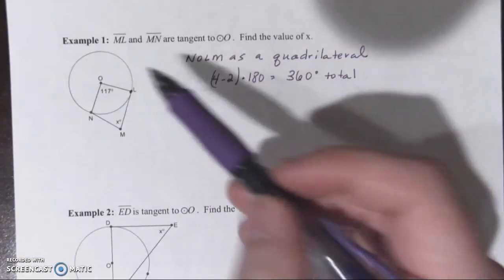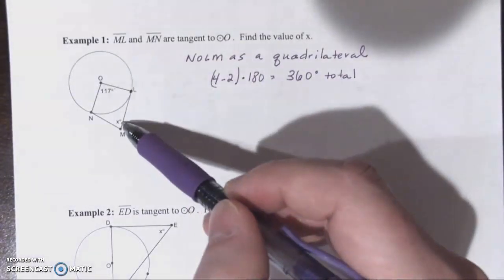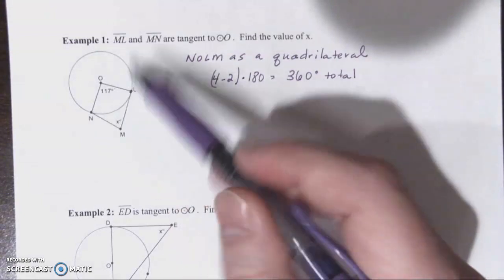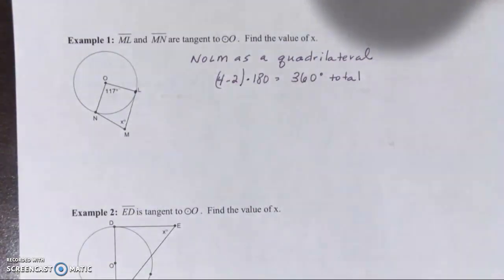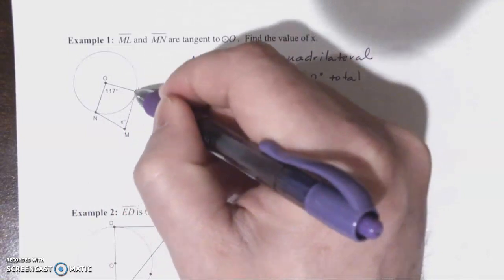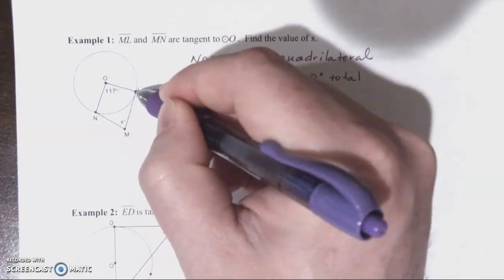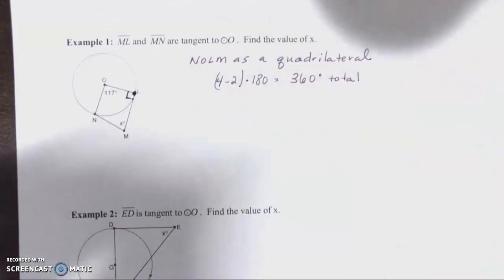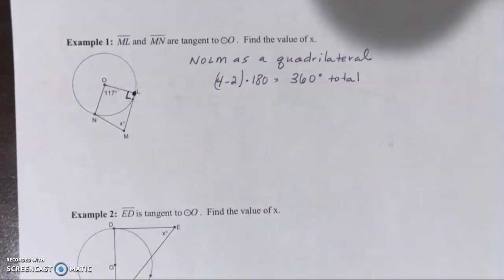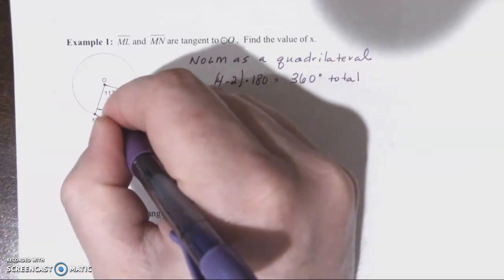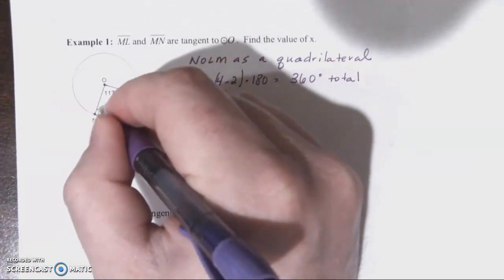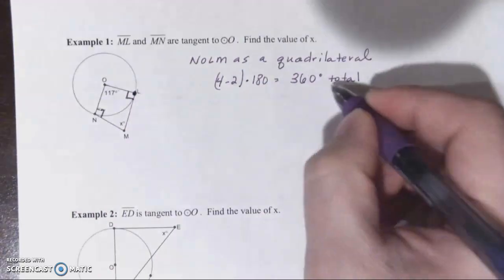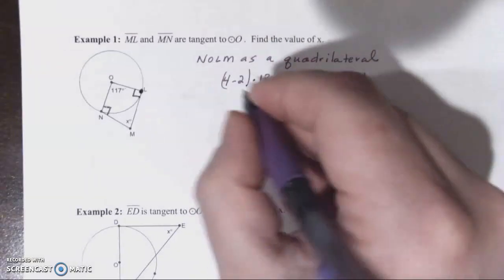Now you might be thinking, we're only given one angle, and we're looking for one angle. We know nothing about these other two, but we do. Based on the theorem we learned first, this is a tangent line. This is a radius meeting that tangent line at the point of tangency. We just learned a theorem that would say that that's a right angle. Same reason over here, this would be a right angle. And now these four angles would have to add up to 360 degrees total.